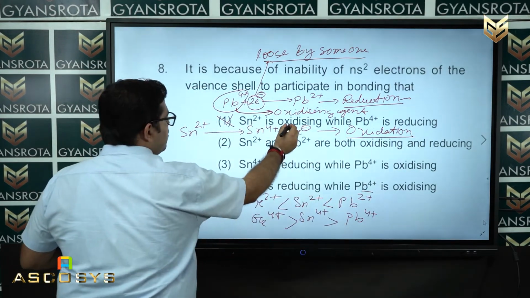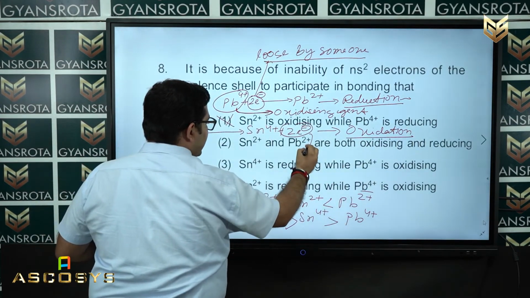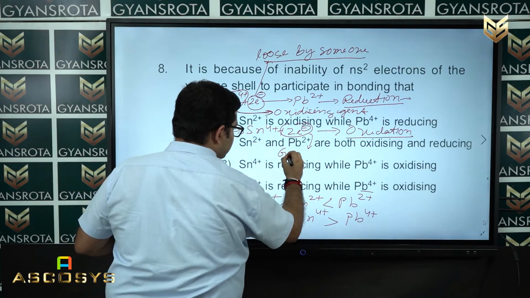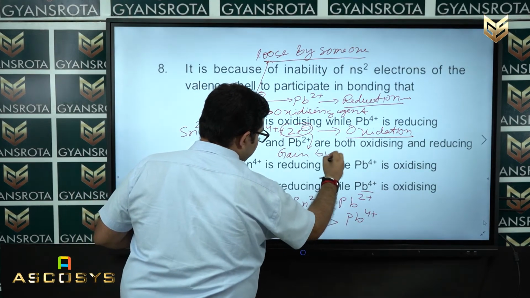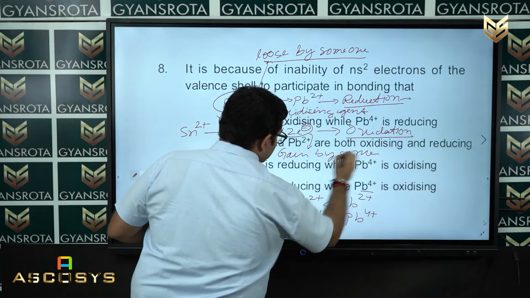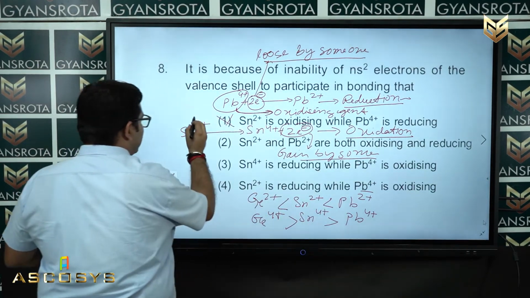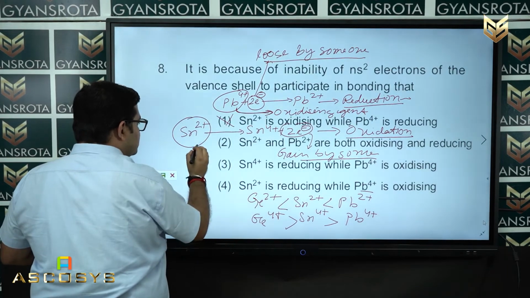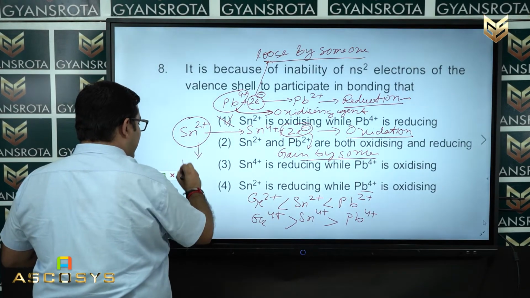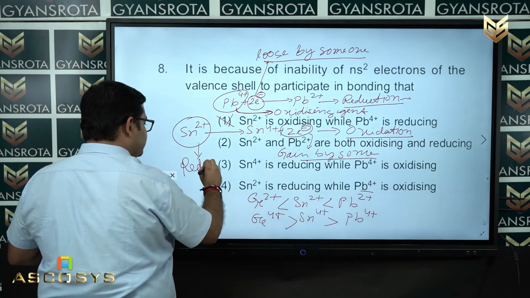Now these 2 electrons are gained by someone else. So who will help to gain these 2 electrons? That is Sn2+. So Sn2+ acts as your reducing agent.